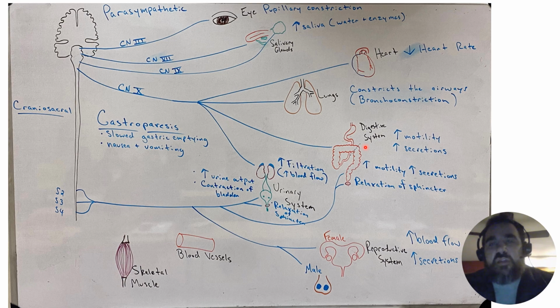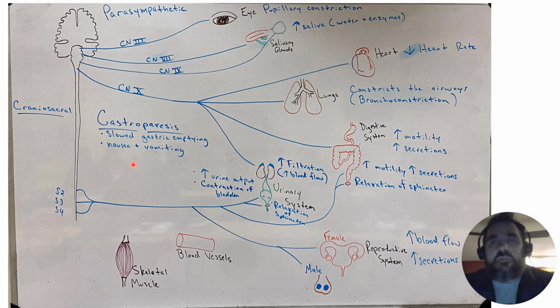That means it's innervating the esophagus, the stomach, the duodenum, the jejunum, and the ileum, which are the parts of the small intestine, then the ascending colon and transverse colon, and stops right here. The descending colon, sigmoid colon, rectum, lower parts of the urinary system like the bladder and urinary sphincters, the anal sphincter, and some of the reproductive organs are taken care of by S2, S3, S4, but I'm not really that concerned about that.